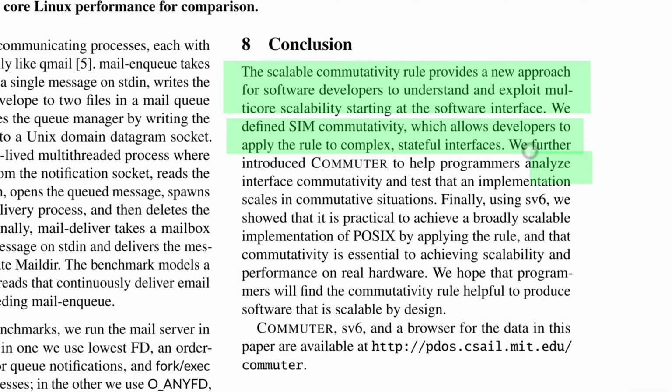They apply that concept to a tool called Commuter, which lets you build models of APIs and then analyze them and generate test cases to exercise those commutativity rules.